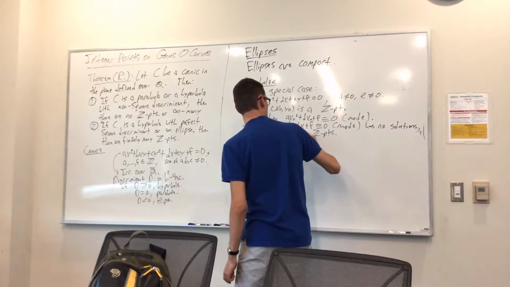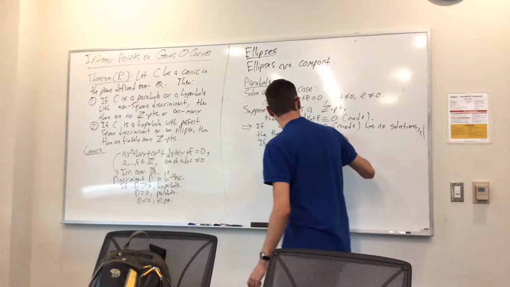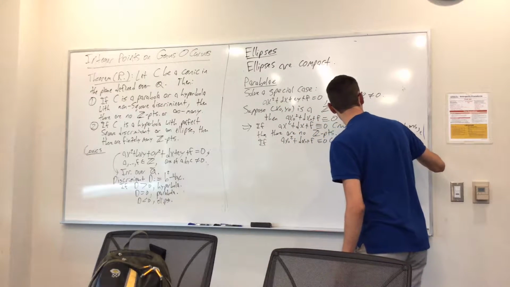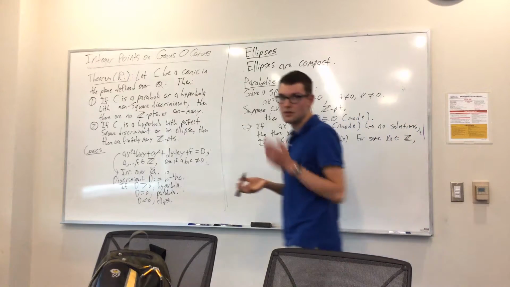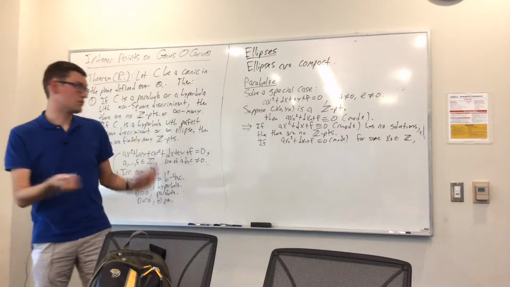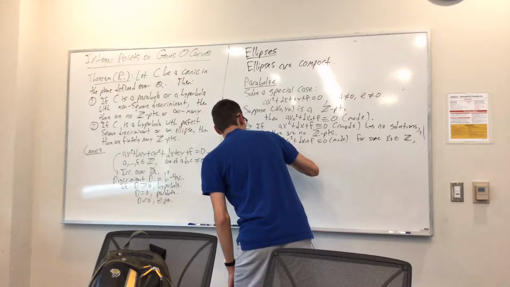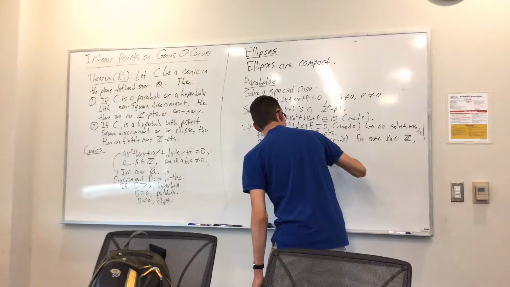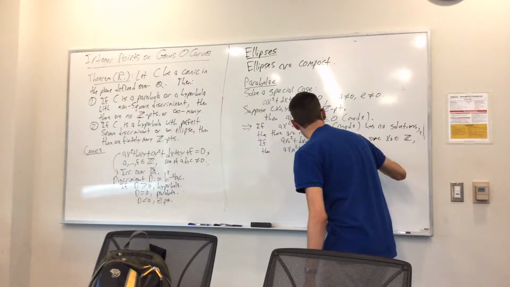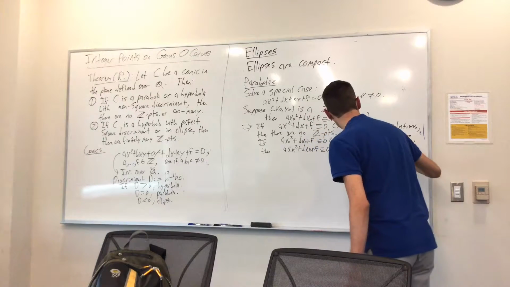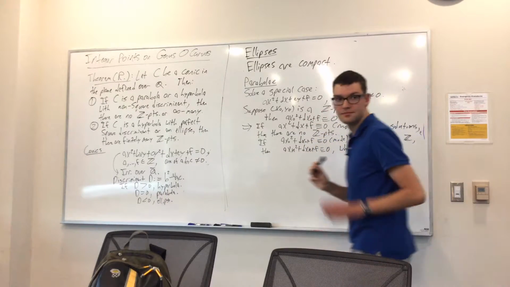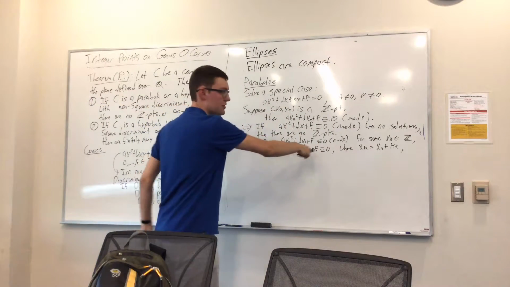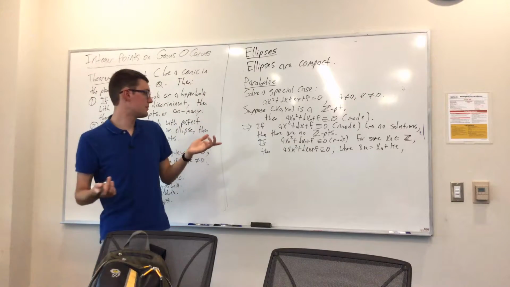So if this is true for some x naught, then I can add any multiple of E to x naught and get a solution to this congruence. x_k is just x naught plus k times E. And now, this just means this thing's a multiple of E. I'm just going to name it cleverly.